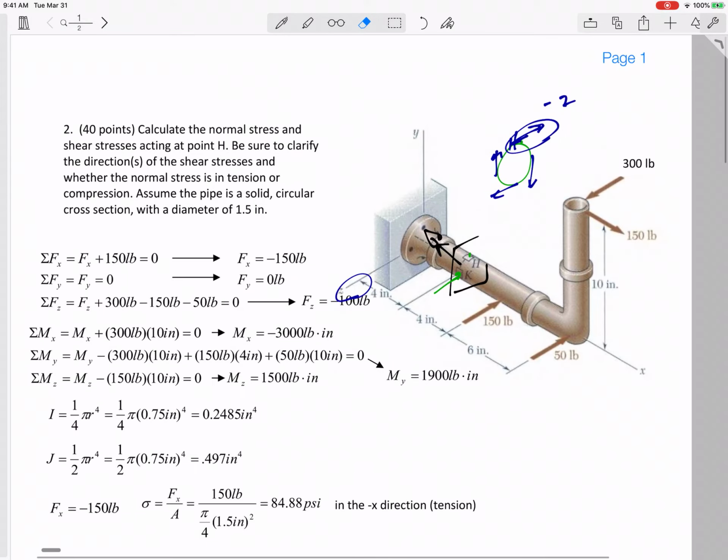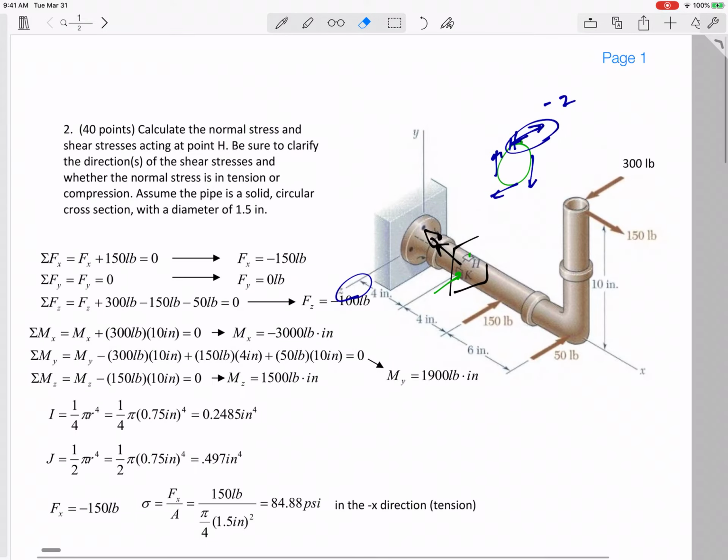Okay, and let's look at this last one. Now an MZ. Let's think about an MZ, a moment in the Z direction, a moment that is twisting about the Z axis. So here, I've got a moment that's twisting about the positive Z axis. My thumb is pointing that way. The tips of my fingers, first of all, here is the neutral axis. The tips of my fingers would cause this compression and this tension right here.